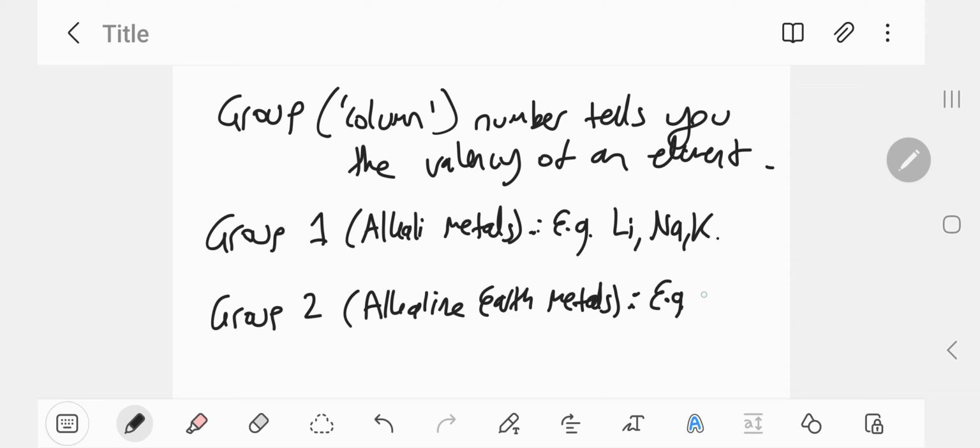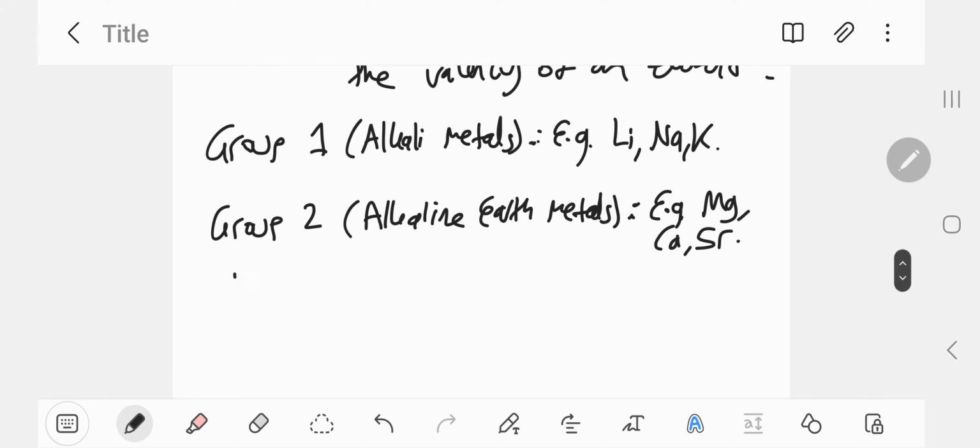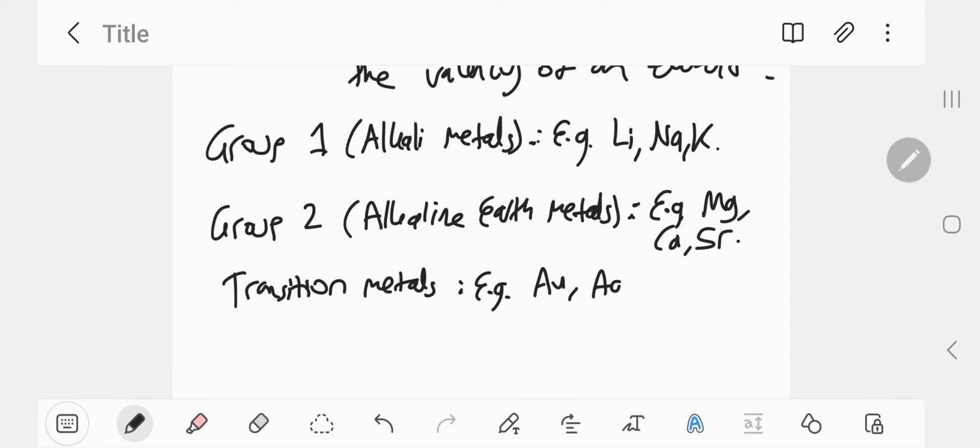Examples include magnesium, Mg, calcium, Ca, strontium, Sr. Then you've got the transition metals. They're not really a group because they make up most of the periodic table. Most of the elements on the periodic table are metals. These include things like gold, Au, silver, Ag, copper, Cu.